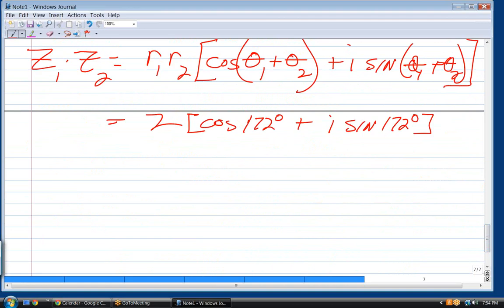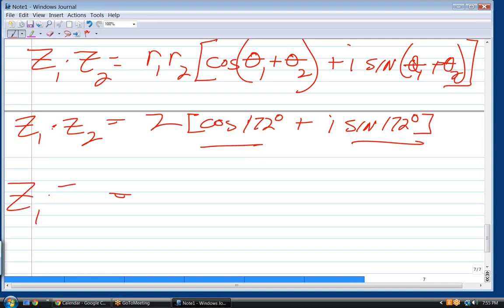Notice that there's no variables in that. In other words, that's going to give us a definitive answer. We can look up what the cosine of that is. We can look up what the sine of that is, multiply it, and distribute the 2. What's the cosine of 172? Negative 0.99. The I carries forward, but what's the sine of 172?